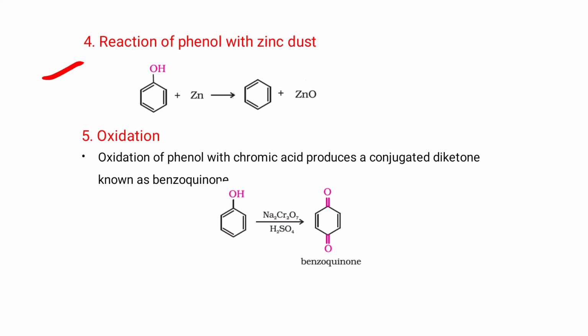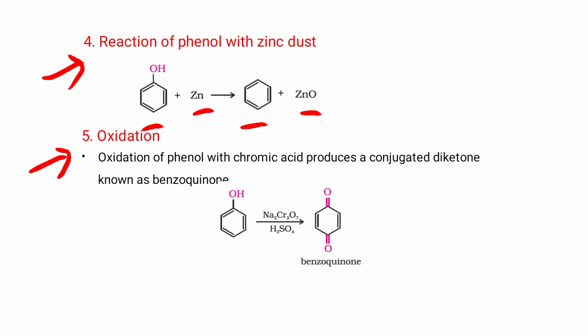Next is reaction of phenol with zinc dust. So this is phenol and zinc dust gives benzene and zinc oxide. Next, oxidation. Oxidation of phenol with chromic acid produces a conjugated diketone known as benzoquinone.